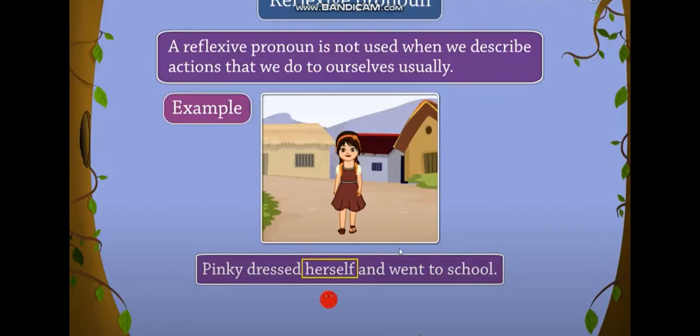Here, herself is not required in this sentence, as we are describing an action done by Pinky to herself as usual. Did you get it?